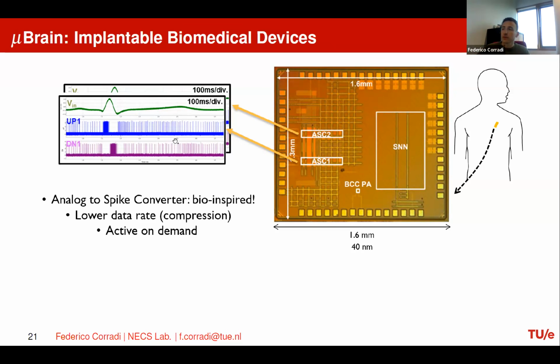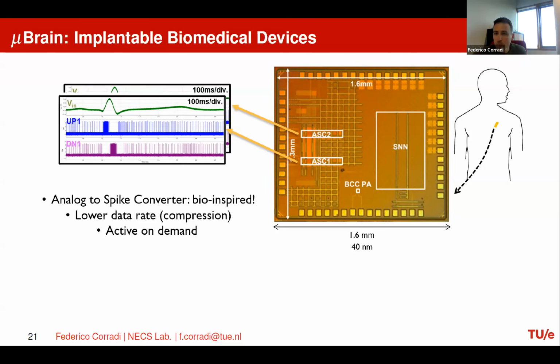This type of converter converts the signal into spikes, and it also performs compression, because when there is no signal, or when there is no ECG beat, let's say, you have a low density of spikes coming into your device, right? And the power of the microbrain relates to the amount of spikes that you need to process.